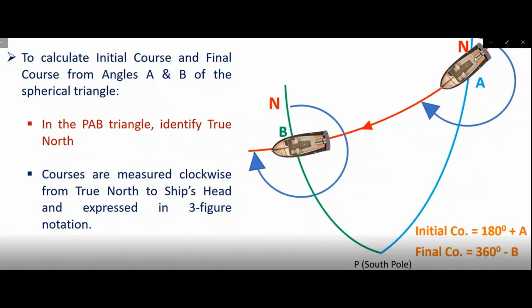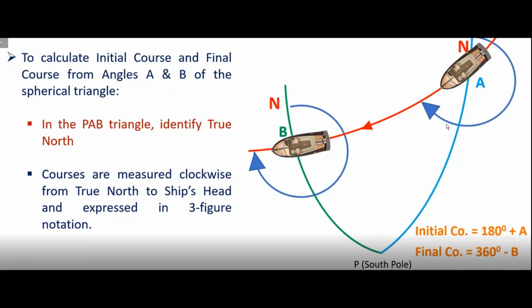Now this meridian, which is the light blue color arc, at any point on the meridian, if you measure the total angle, this is 180 degrees, just like a straight line. So from this point, that is the north direction, if you come up to here, that is the south direction going toward the south pole, it will be 180 degrees.